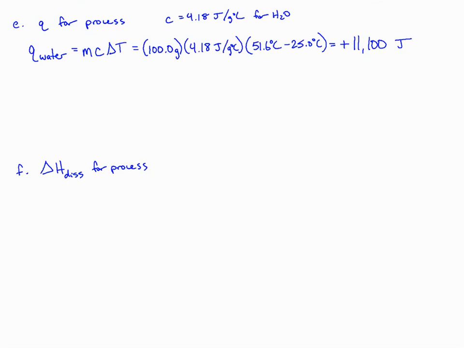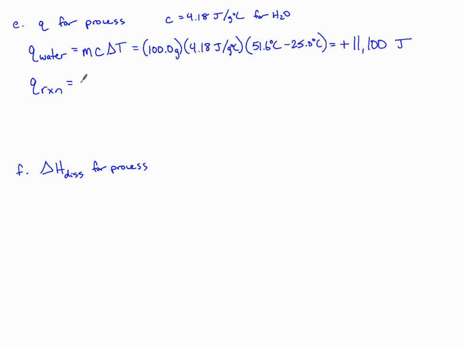If we want to know how much heat this reaction is releasing, here's what it looks like. The Q of the reaction: well, if the water absorbed this much heat, it means the reaction released that much heat.